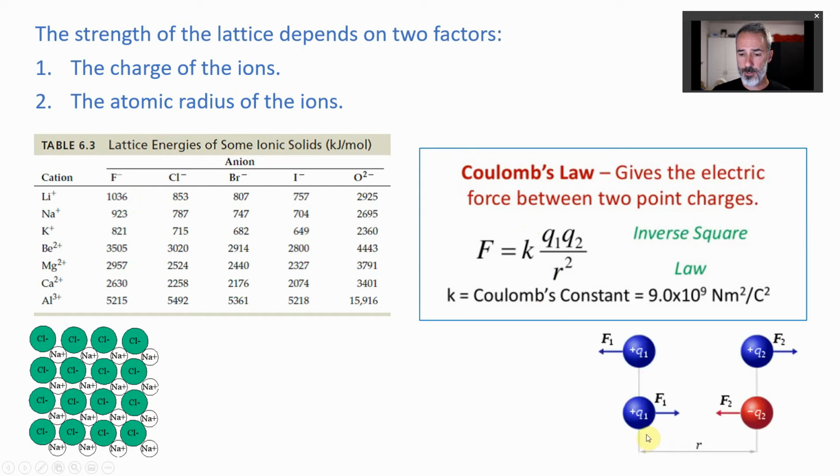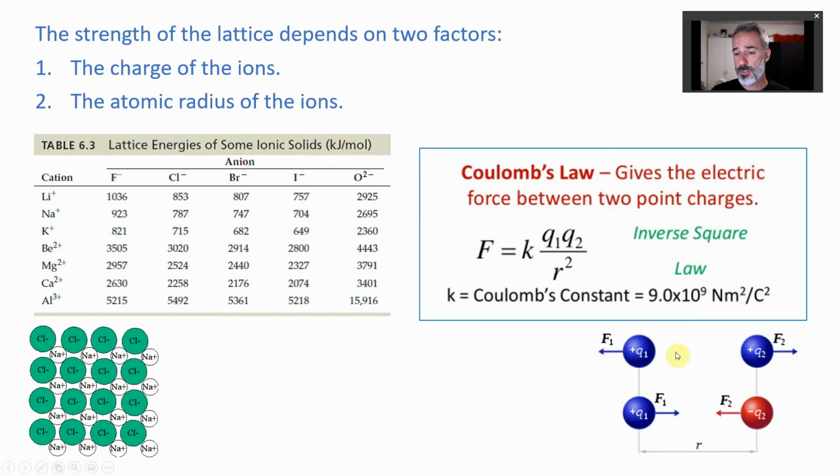So, for instance, if we're talking about positives and negatives, here would be a good example, right? r is the distance between the nuclei of those ions. And if we calculated that force using Coulomb's law, it would be the force of attraction between those oppositely charged ions.